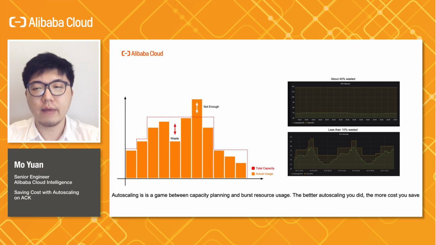It's not good enough, but it's real in a lot of companies. The second chart is about resource utilization when using Autoscaling on ACK. The spacing between capacity planning and the burst resource usage changes with each other and is kept at a low level. It helps to save about 30% of the cost.